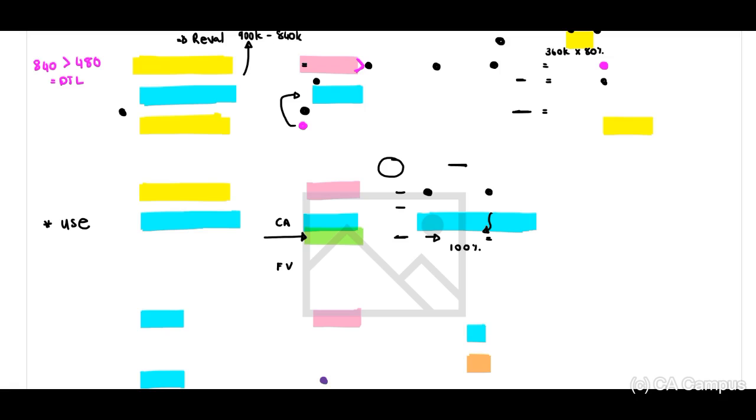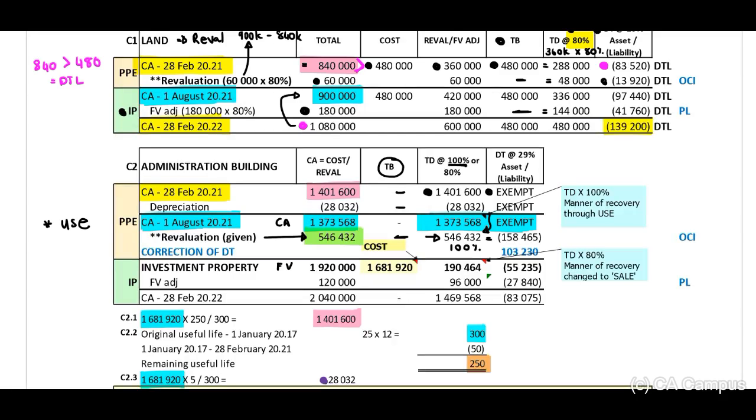Therefore, in our calculation, look at the correction of deferred tax line for me, please. Correction of deferred tax line 103230. Okay, but take this one step back for me, please. If you look at my calculation, important to identify, the balance of your deferred tax on date of transfer will be based on use.